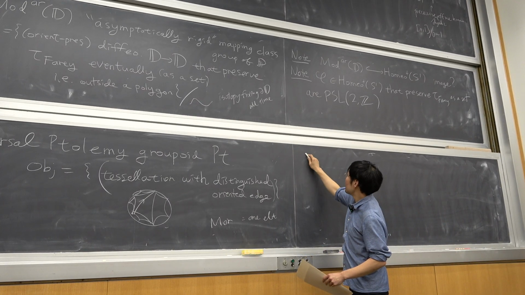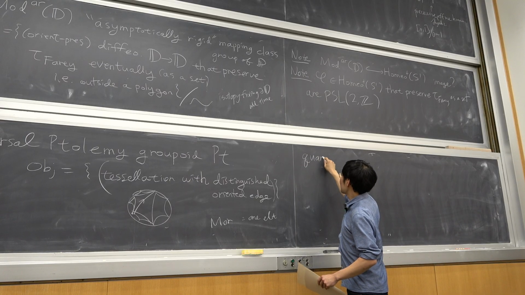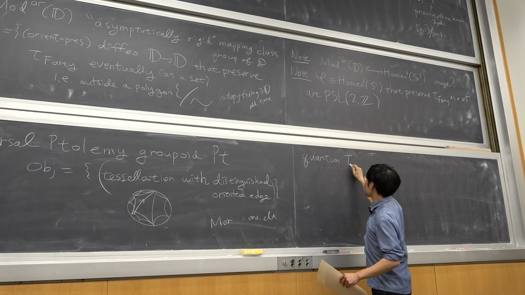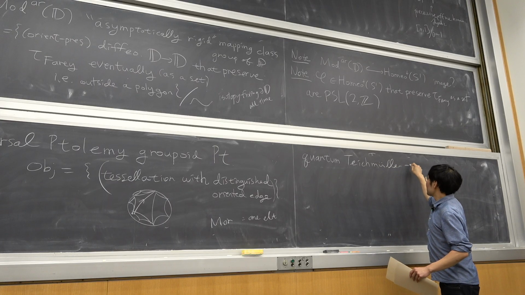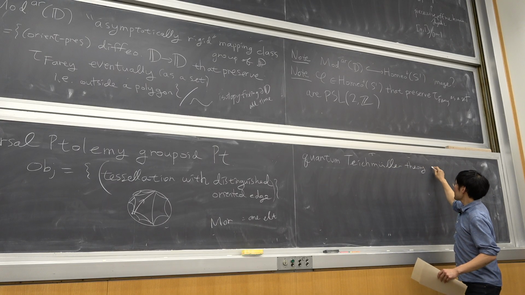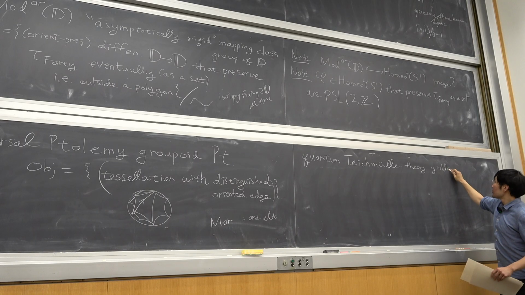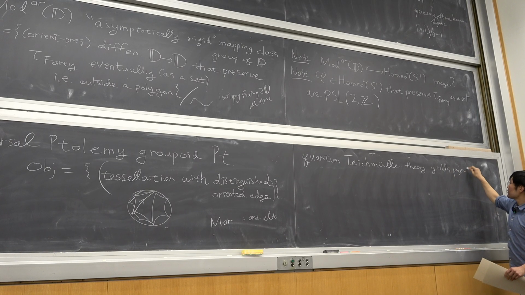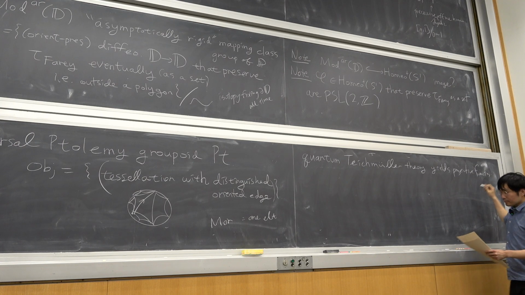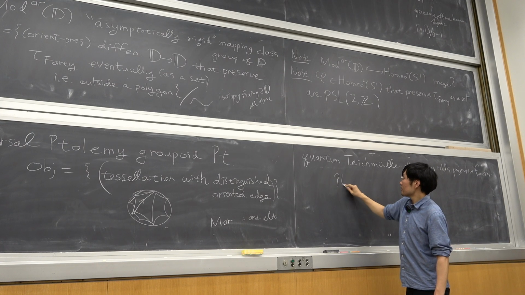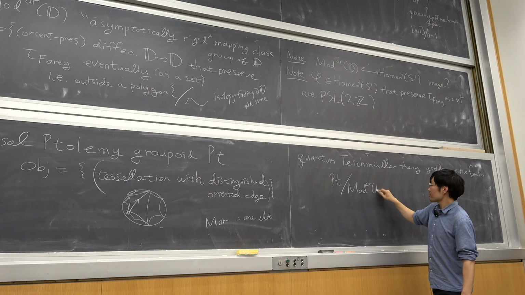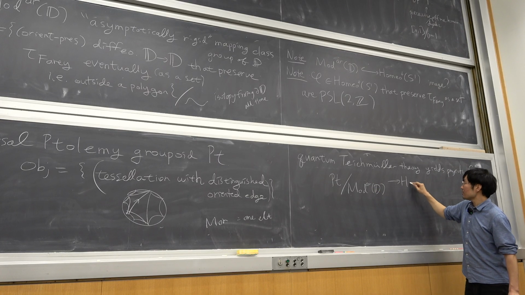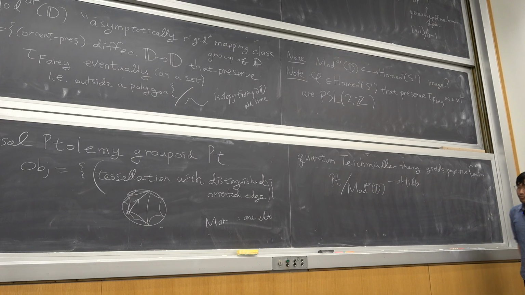And so if you are able to apply quantum Teichmüller theory, it yields a projective functor from this quotient groupoid to the Hilbert space category.